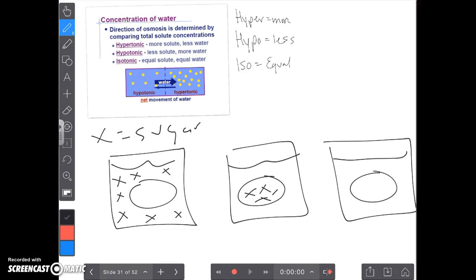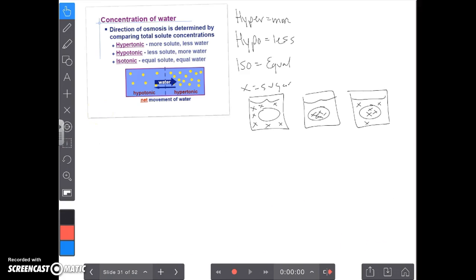The second one has a lot of the X's on the inside. The third one has the same amount on either side. Now, when I look at this material, I'm going to refer to what is my solution and what's my cell considered.